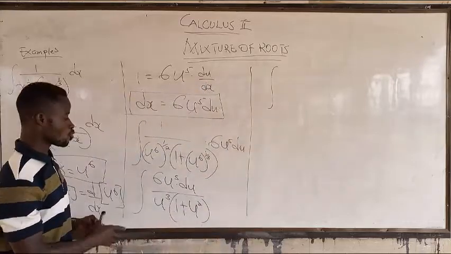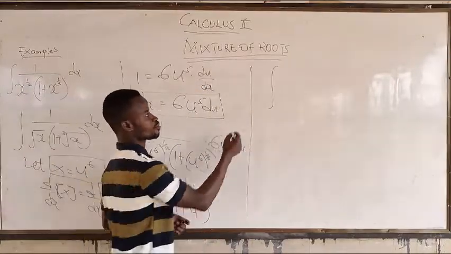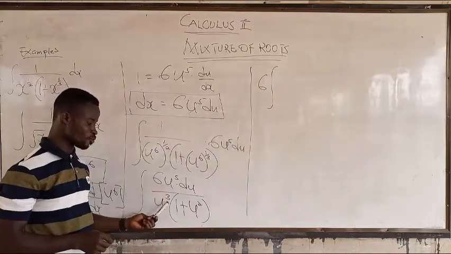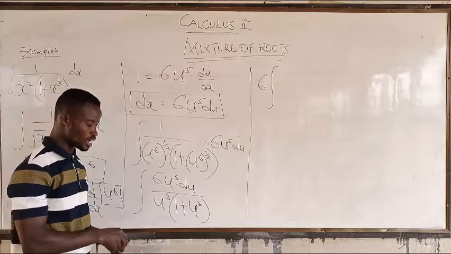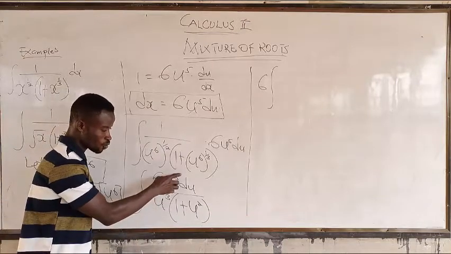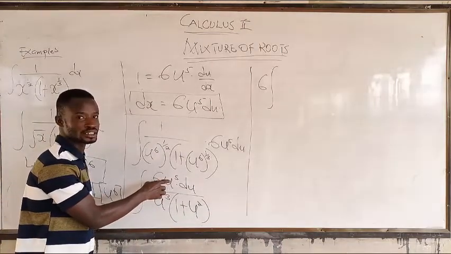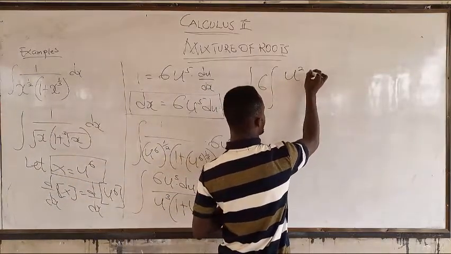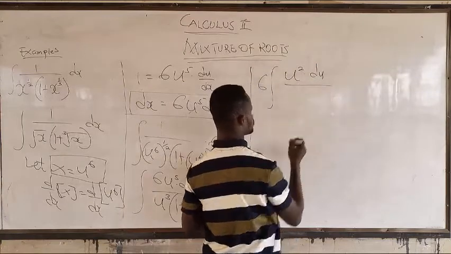Integral of, what is the constant here? 6. Bring it out. What is on top here? 5. What is here? 3. So you can see that this will take away 3 here. So we are going to be left with u squared du.